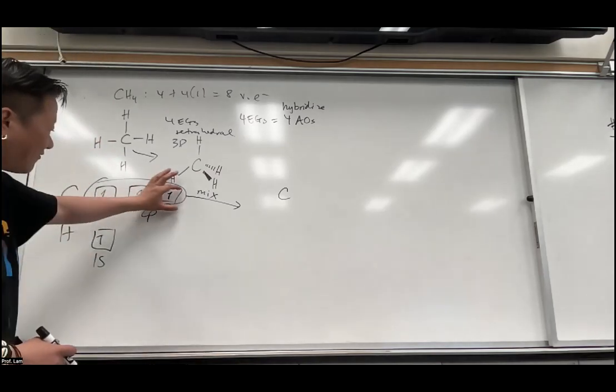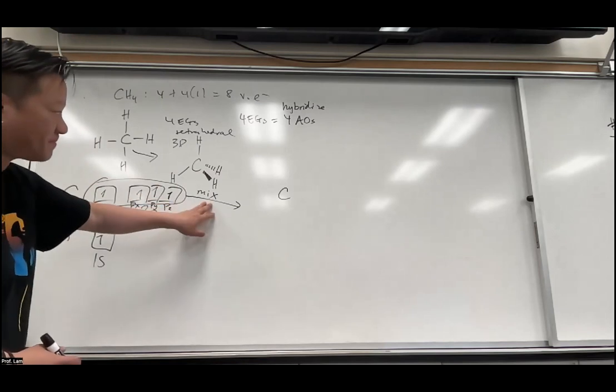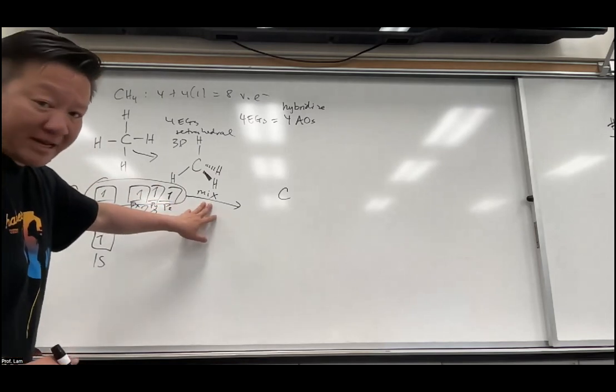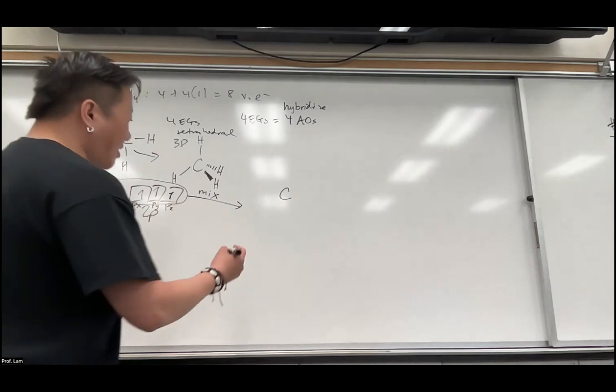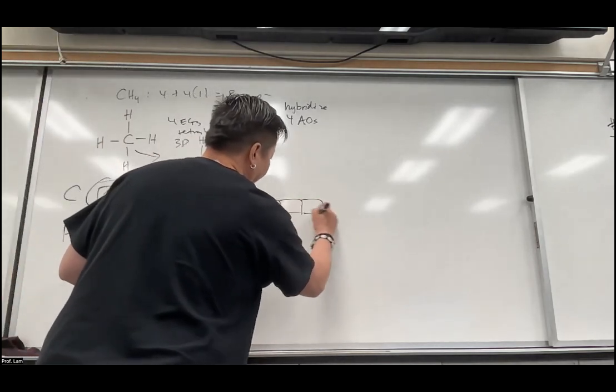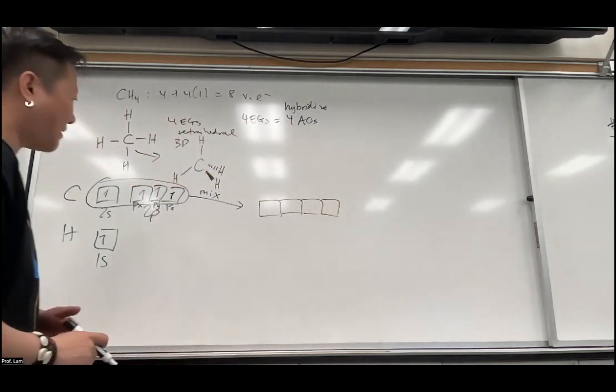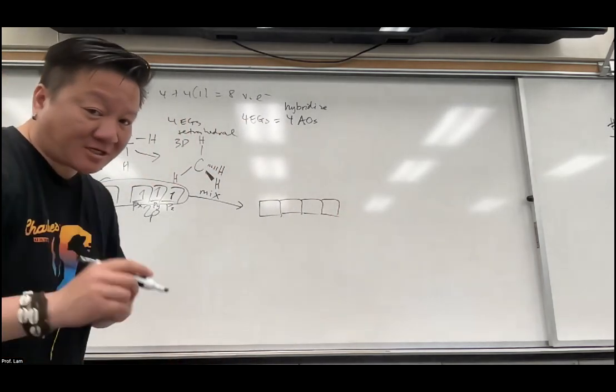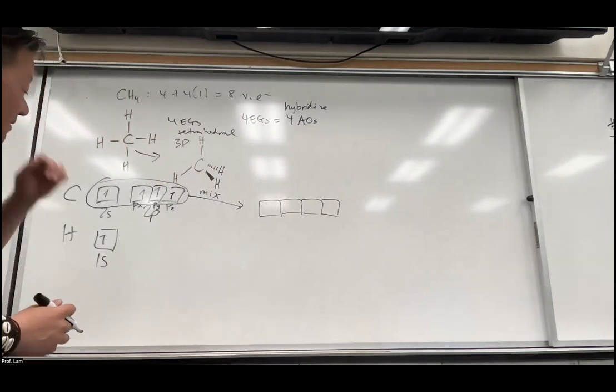So you're basically putting 4 atomic orbitals in, blending it, mixing it, and you have to have 4 out. Okay, so I'm gonna draw the 4. So 4 in, 4 out. It has to be conservation of mass, right?